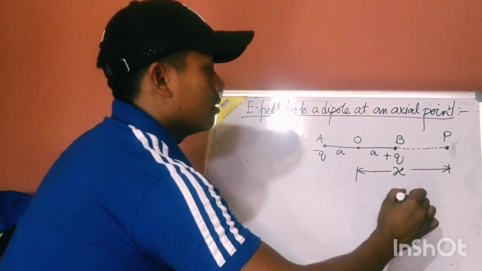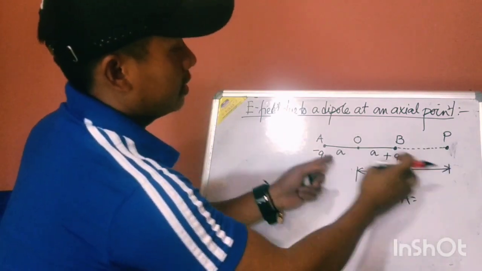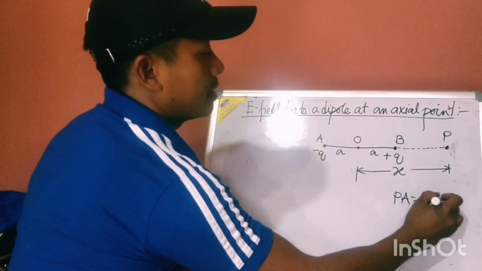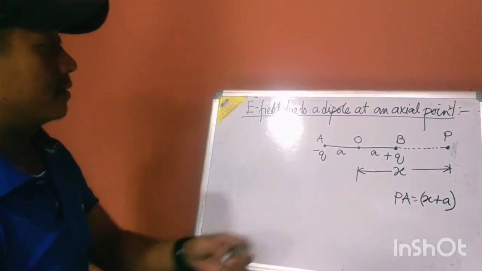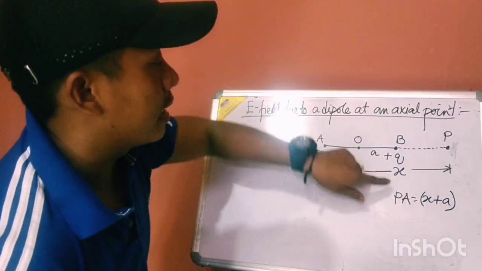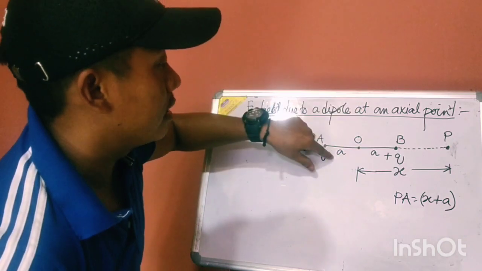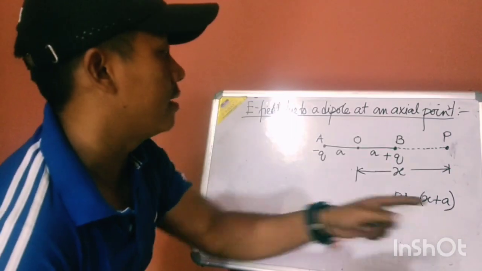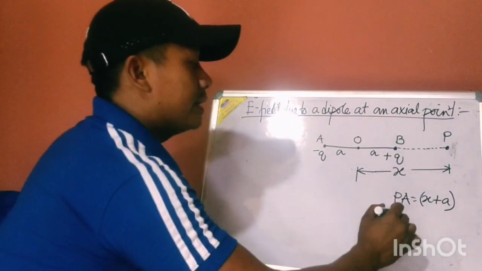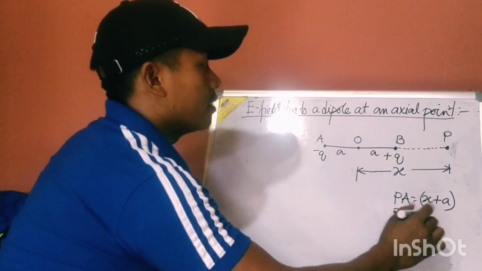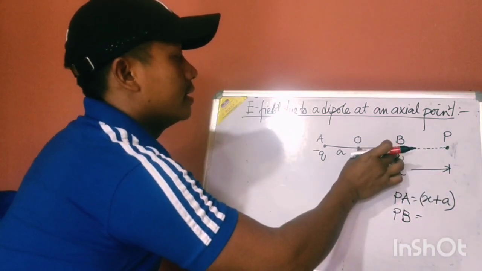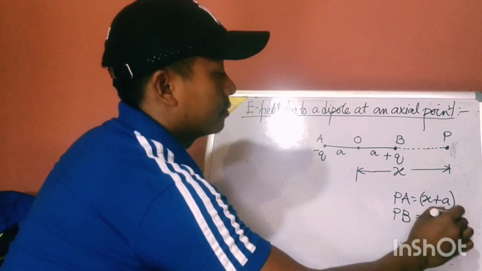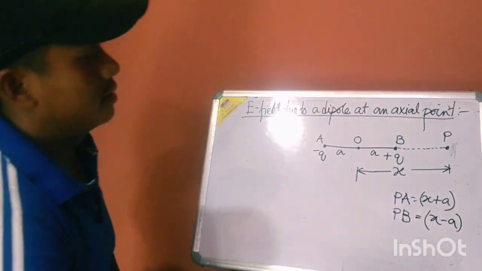Distance from P to O is x, O to A is a, then total distance from P to A should be x plus a. Then obviously this PB will be how much? PB will be x minus a. x minus a.